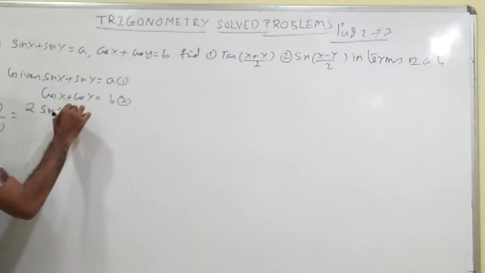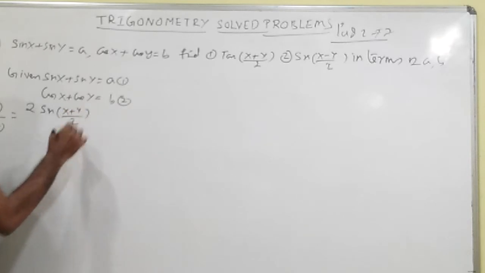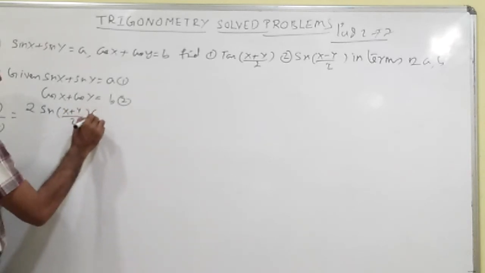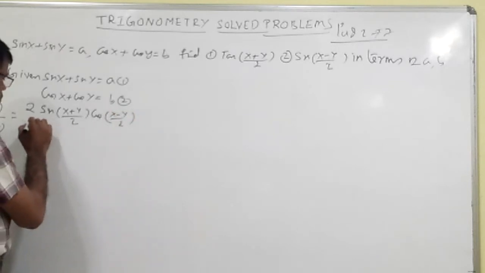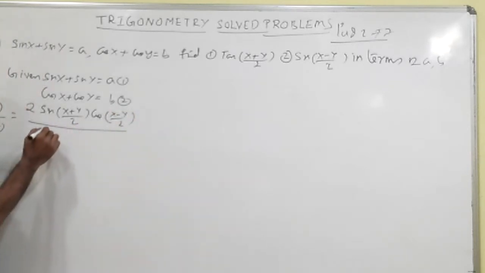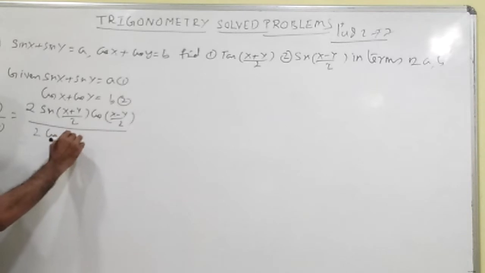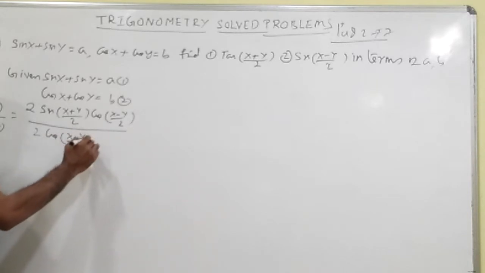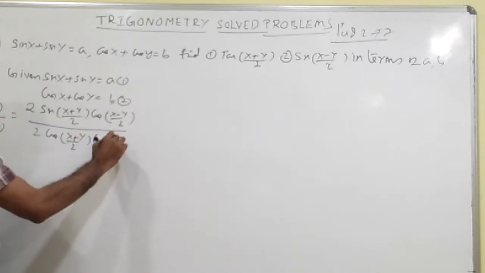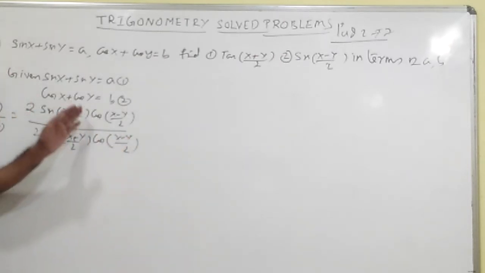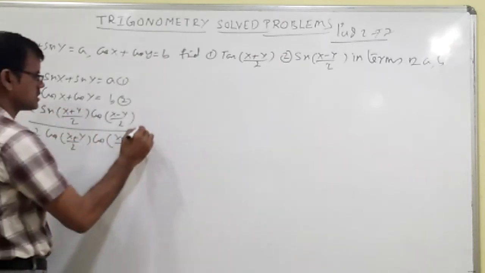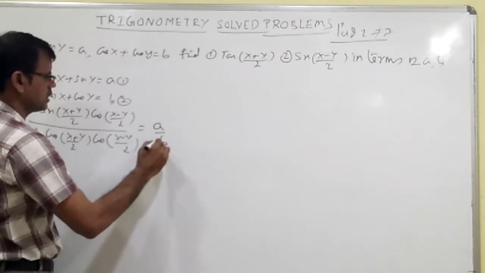Here c plus d by 2 is x plus y by 2. So 2 sin of (x plus y) by 2 into cos of (x minus y) by 2, whole by cos c plus cos d, whose formula is 2 cos of (c plus d) by 2 into cos of (c minus d) by 2. So this is 2 cos of (x plus y) by 2 into cos of (x minus y) by 2, equal to a by b.